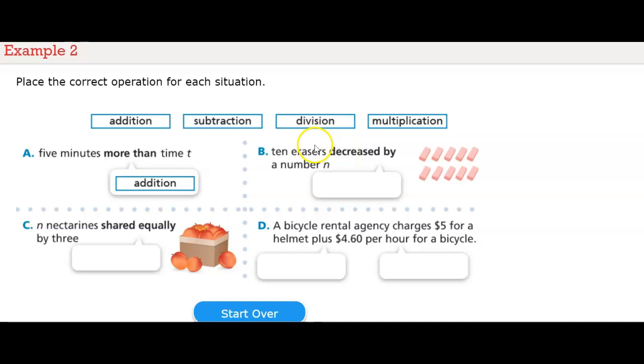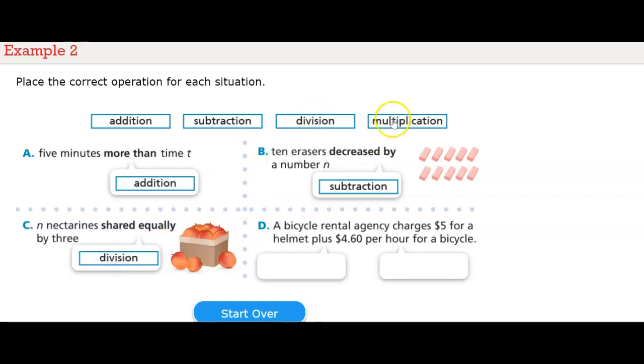So we know that if we're decreasing, we're making it smaller, so subtraction will be best here. And for C, the nectarines are shared equally, and when you're sharing, those are equal groups. We learned that as division.